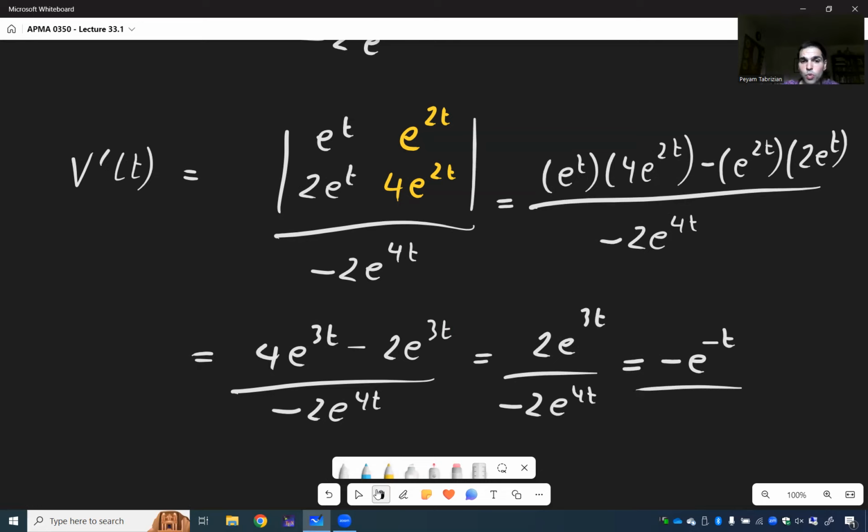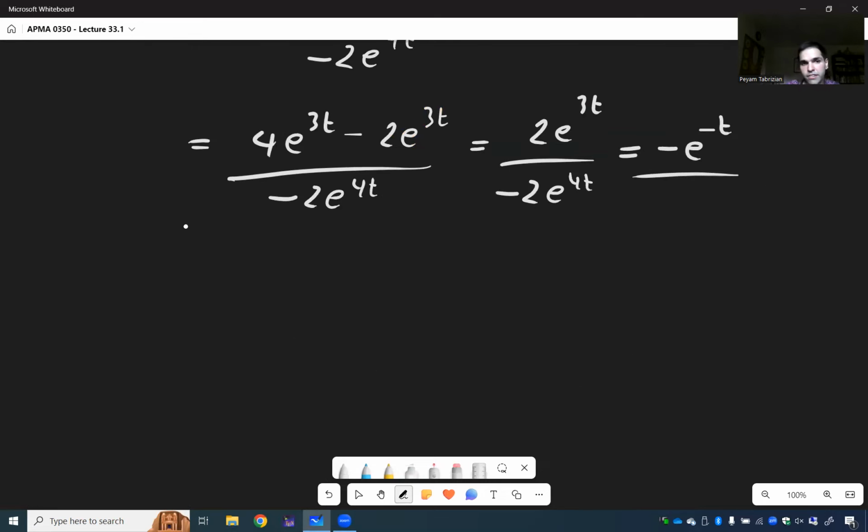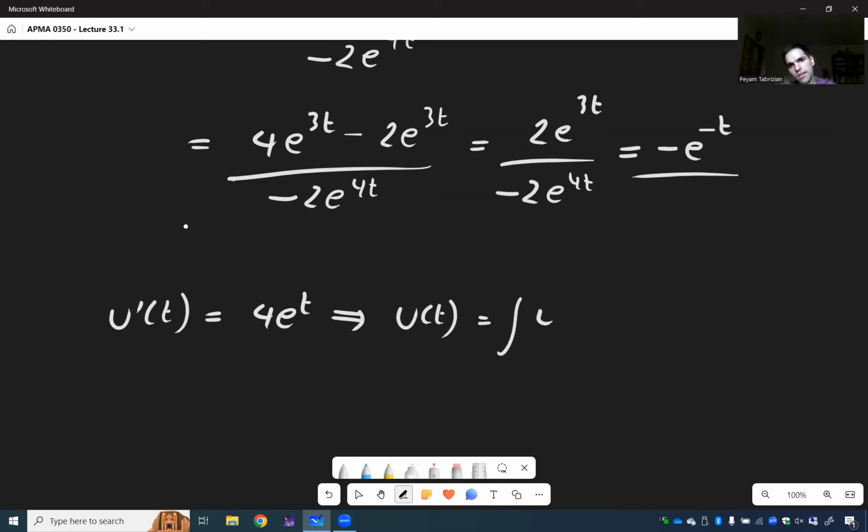So now we had u prime and v prime. And then to get u and v, we integrate. So u prime of t, I believe, was 4e to the t. And so u of t is the integral of 4e to the t dt, which is 4e to the t. Okay. We don't care about constants because we just want one particular solution.